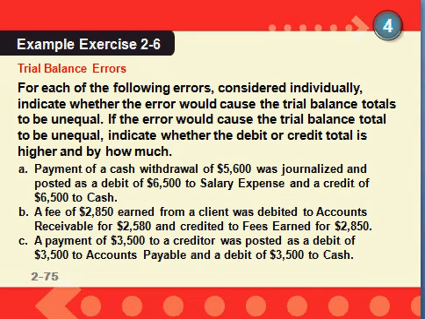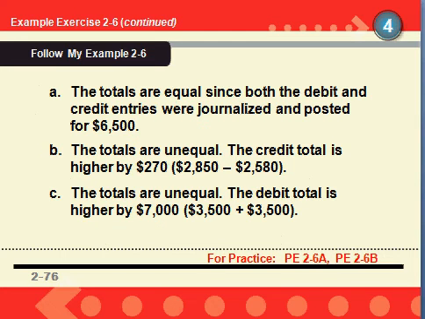And so the first one, the totals are equal since both our debit and credit entries were both posted as $6,500. Remember, the amount was $5,600, but if we put debits and credits in of $6,500, our trial balance will stay in balance. Now the second one, we had unequal amounts.